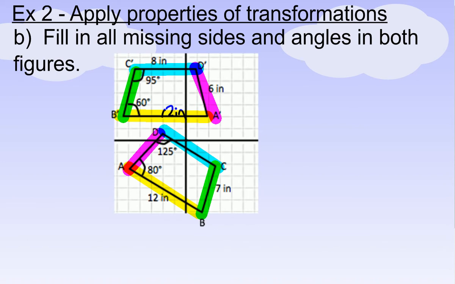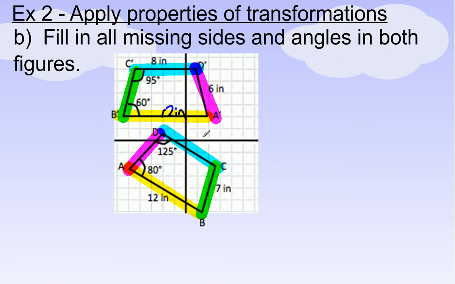Alright, so now we can tell that this was kind of like a reflection because my shape is now backwards, flipped left-right of how it was originally. So still, this yellow side, the AB, A prime, B prime, is still 12 inches.